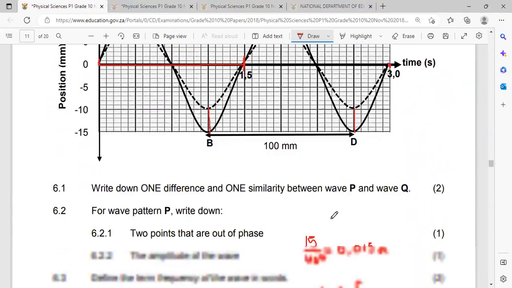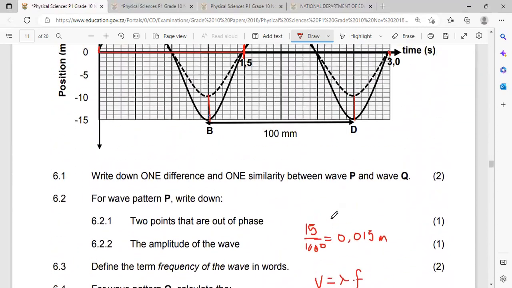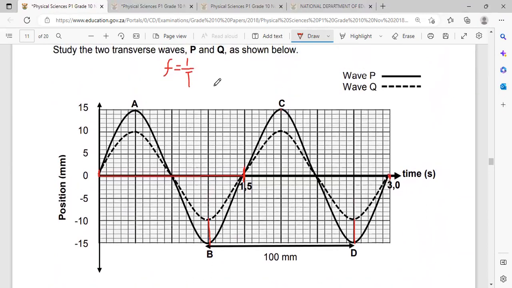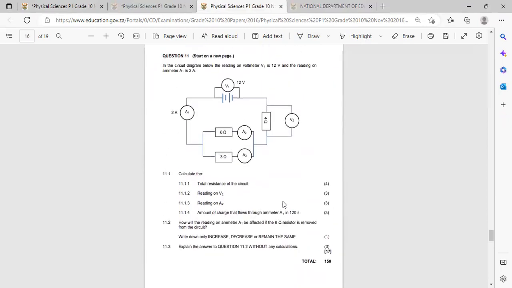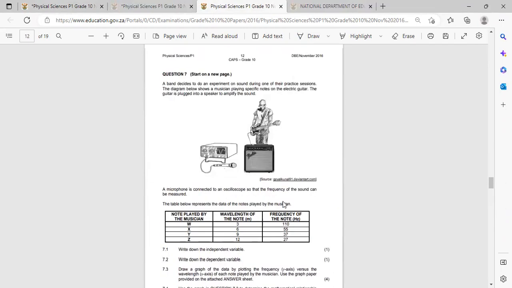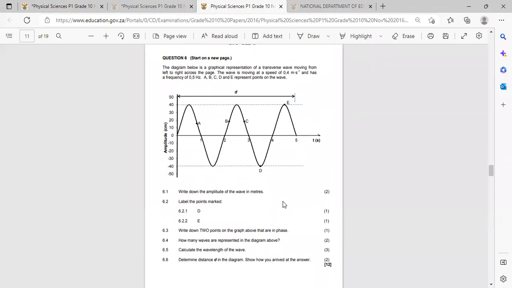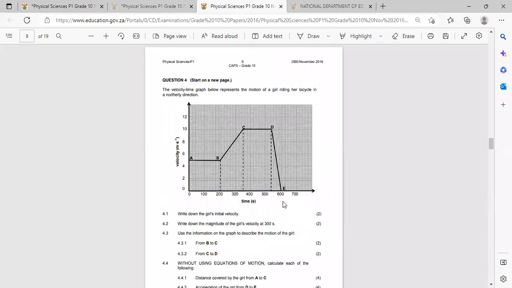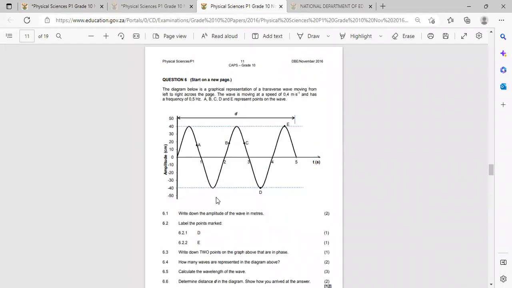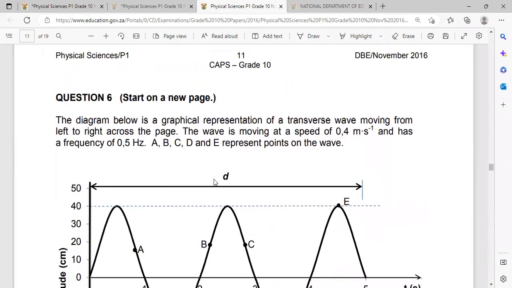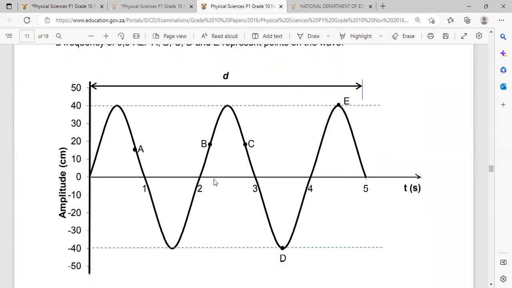Okay, so this is basically it for this question. You can ask me any questions you have regarding it, and maybe I'll send you another one just for additional practice that you can do on your own time.